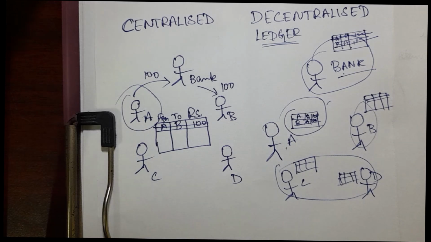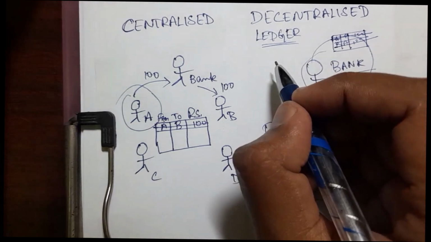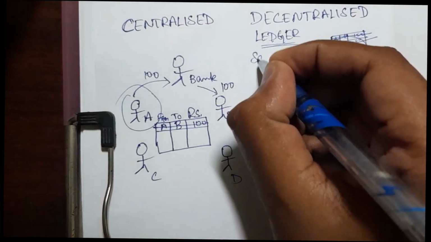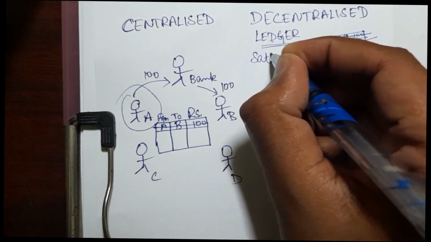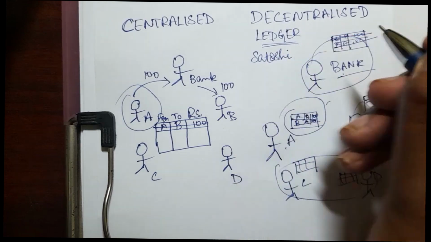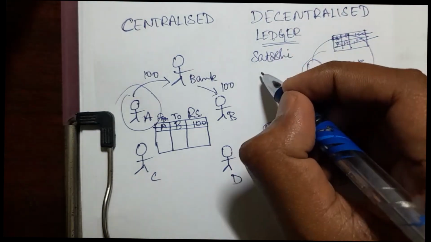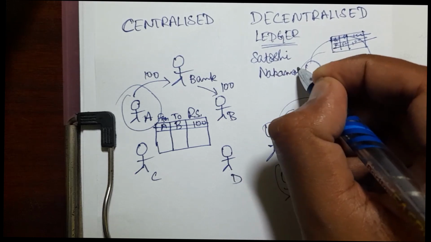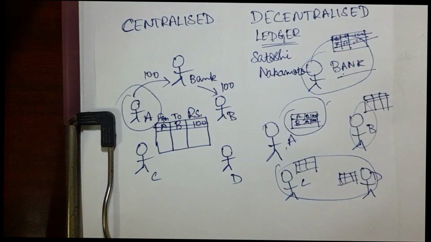It first came into existence in practice through a paper published by Satoshi Nakamoto.